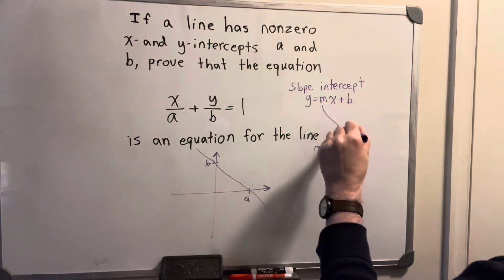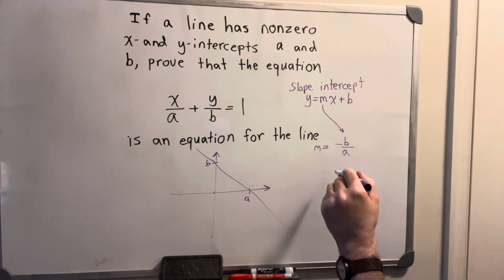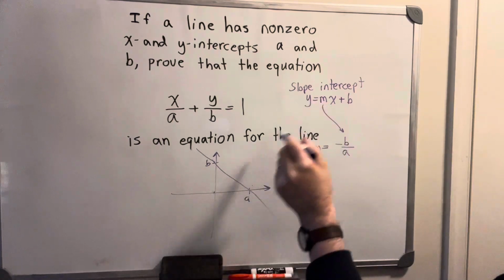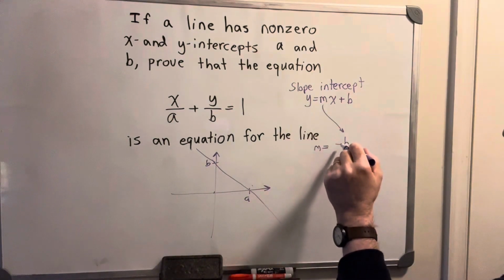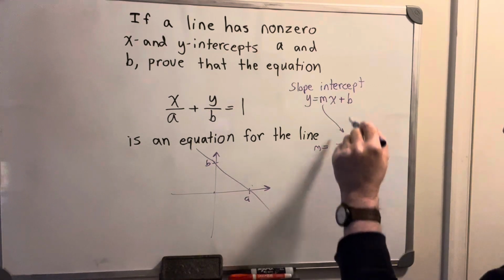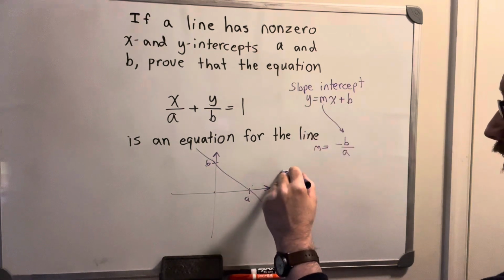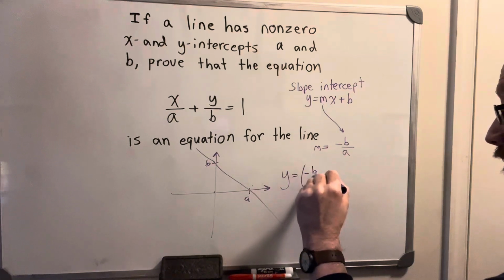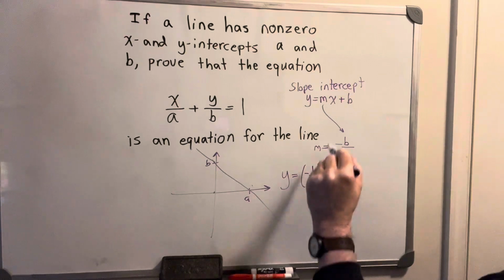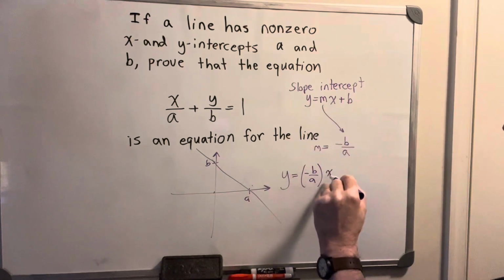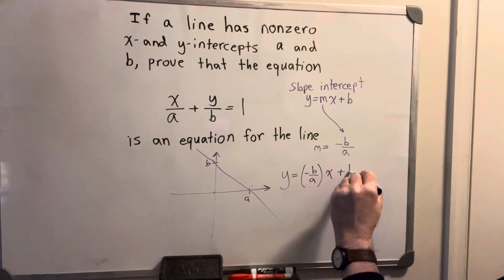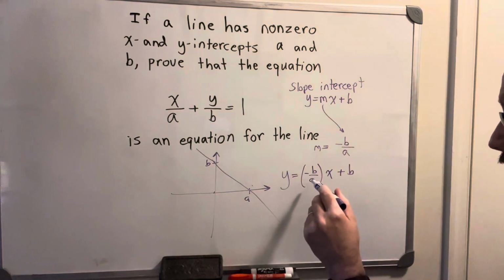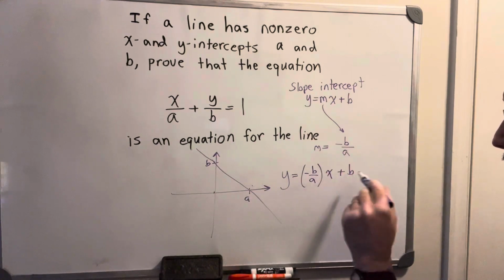Let's write this line in slope-intercept form, substituting negative b over a where you see m. Then we have y equals negative b over a times x plus b. This is the slope-intercept form. This is the slope. This is the y-intercept.